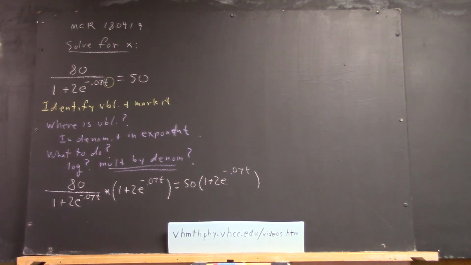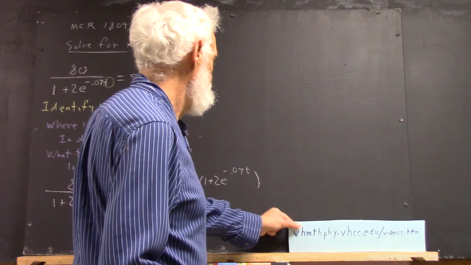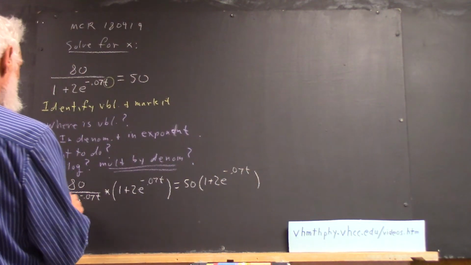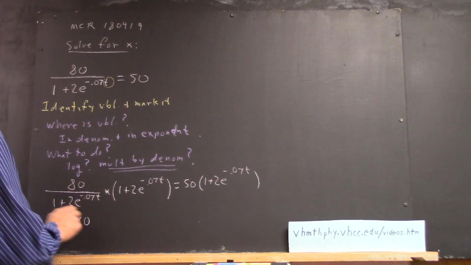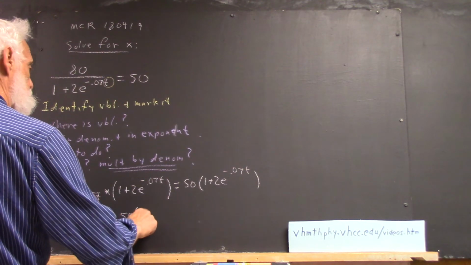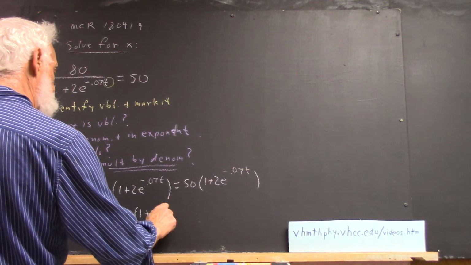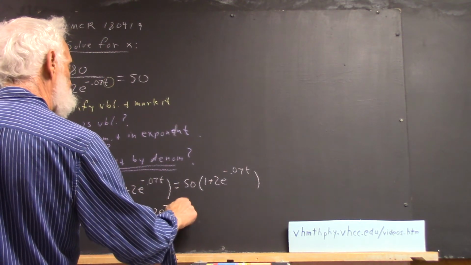And, of course, we end up with 80, because this divided by this is going to give us 1, equals 50 times 1 plus 2 times e to the negative 0.07t.